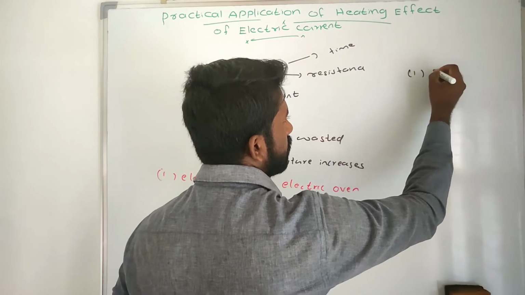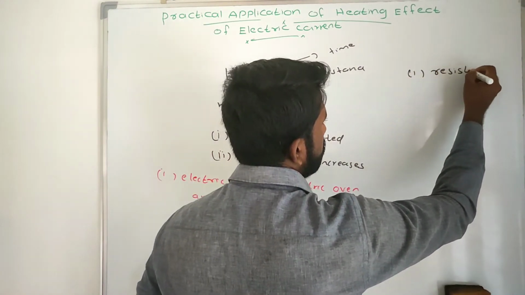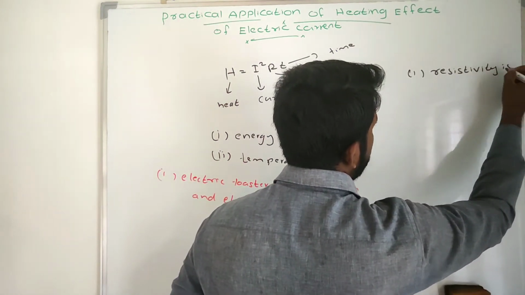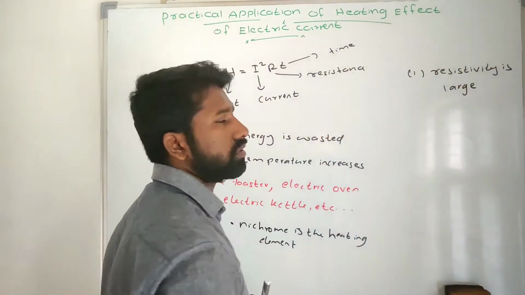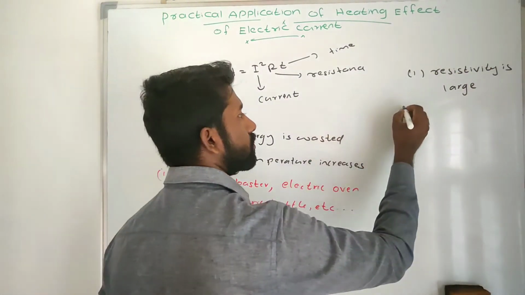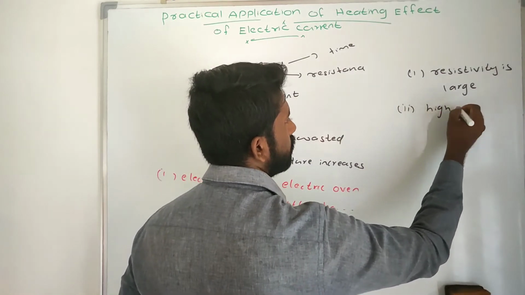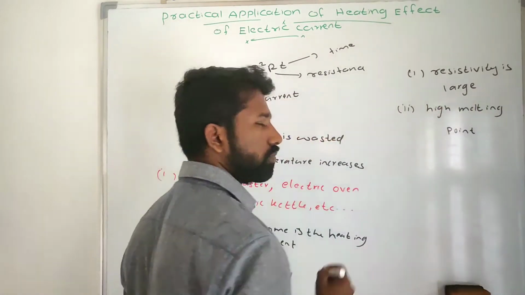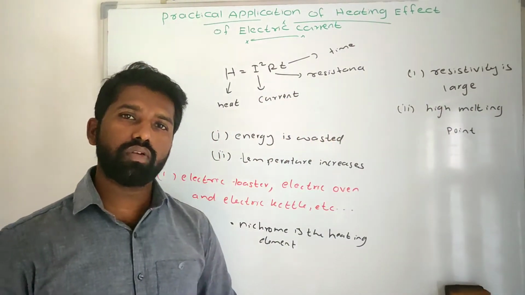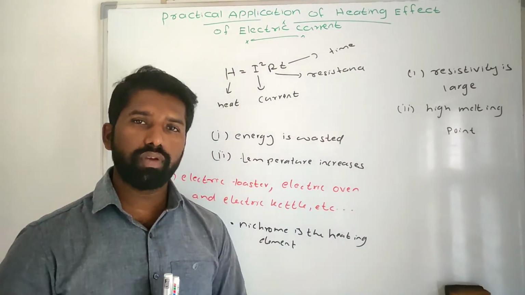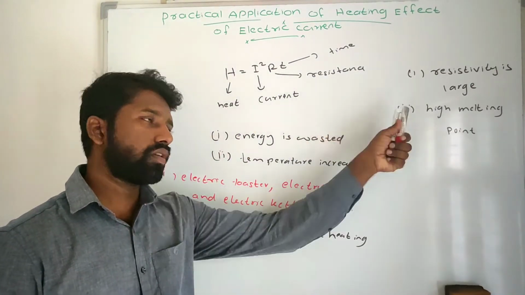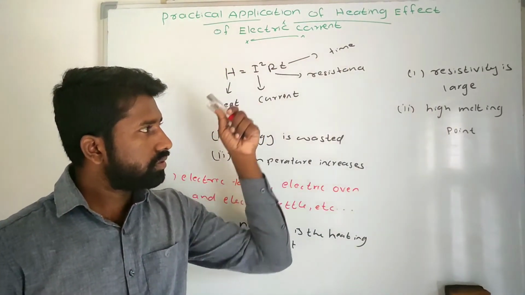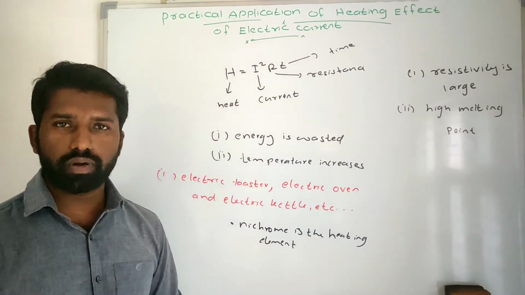The major reason is that its resistivity is high, and the next reason is its high melting point. So when current flows through the nichrome wire, it produces a large amount of heat. When the temperature increases, the nichrome wire will not melt because it has a high melting point. This is about the first set of applications.